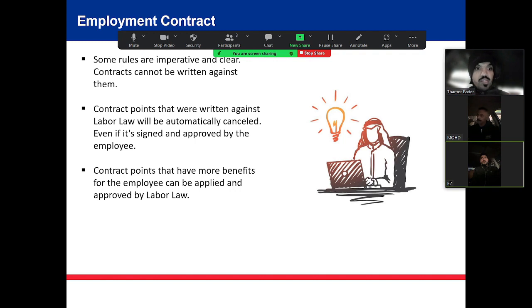Even if the employee signed this contract with this article, it will be cancelled automatically, because even if he signed, he will get 21 days of annual vacation. Contract points that have more benefits for the employee can be applied and approved by labor law.